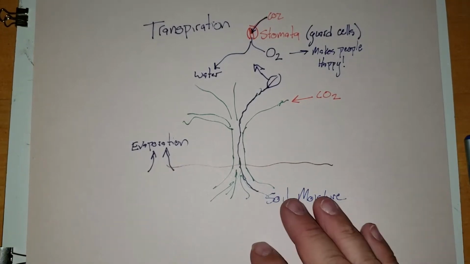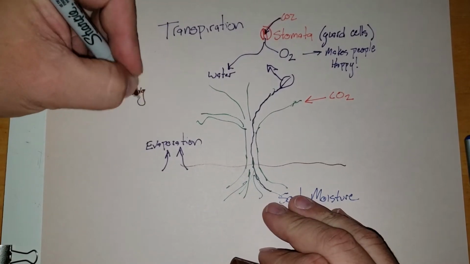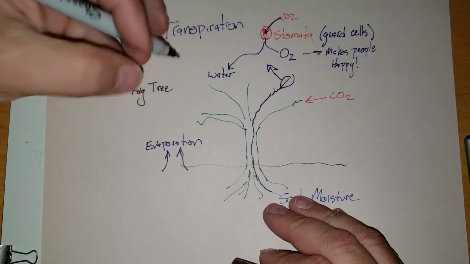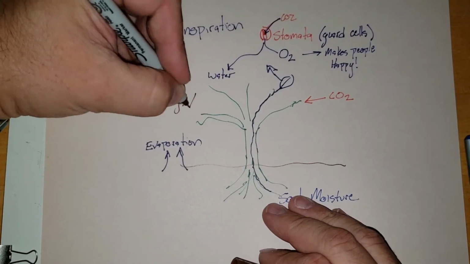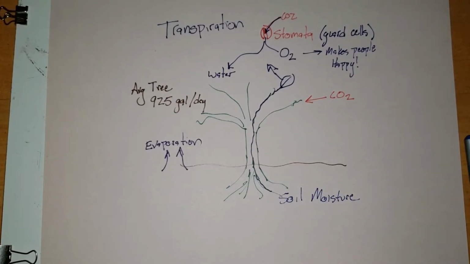Tons of water is lost through transpiration. Your average tree is going to be losing about 925 gallons per day. Now, I'm guessing that that's during our major growing season, middle of summer.